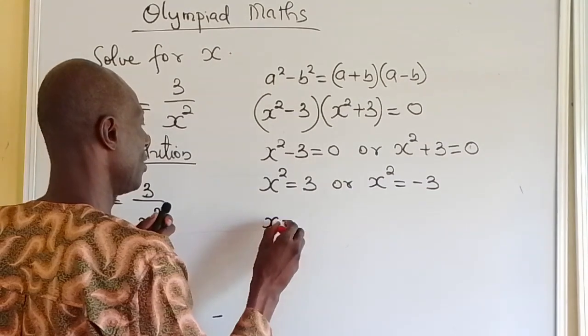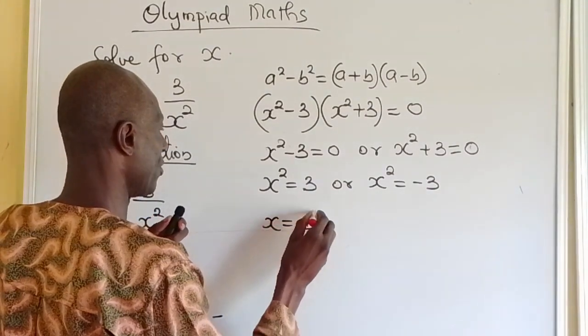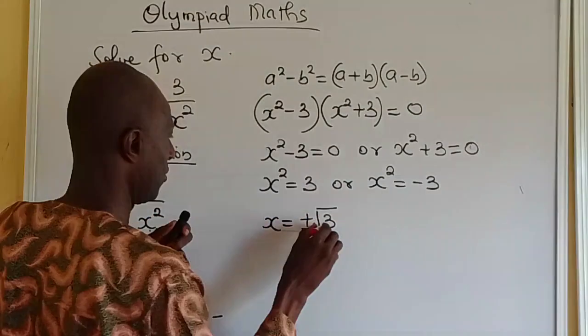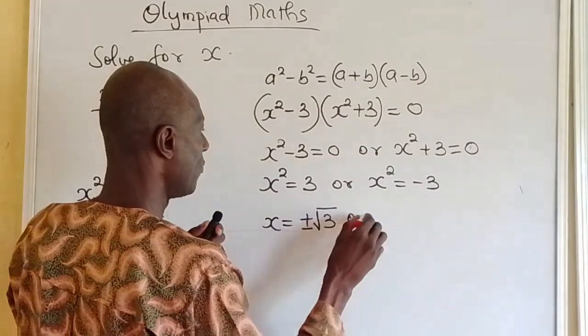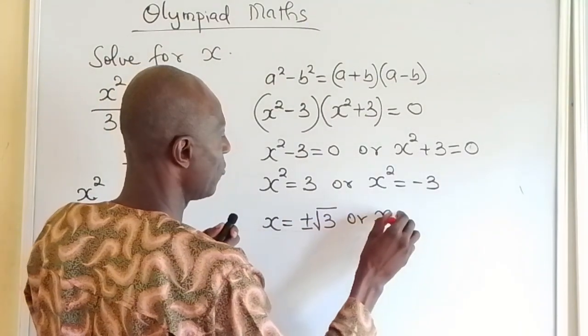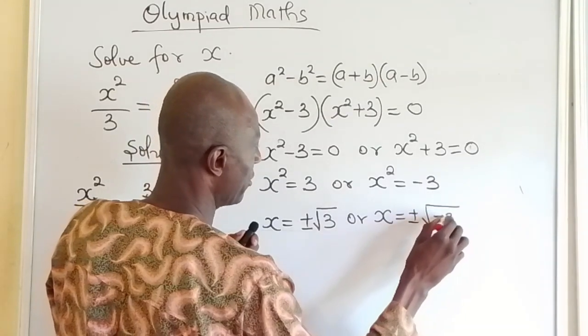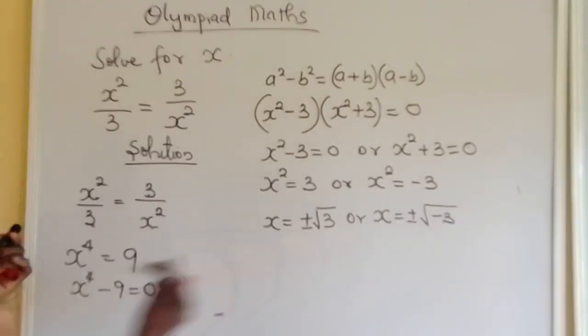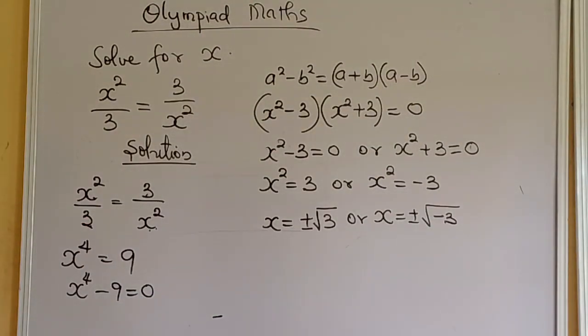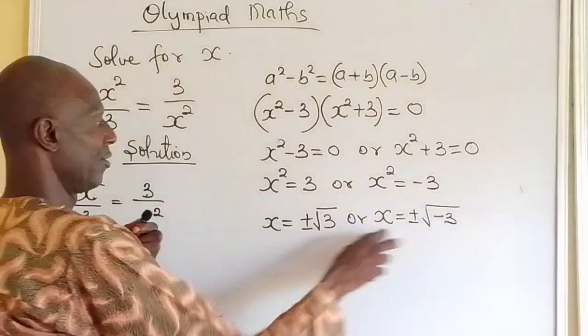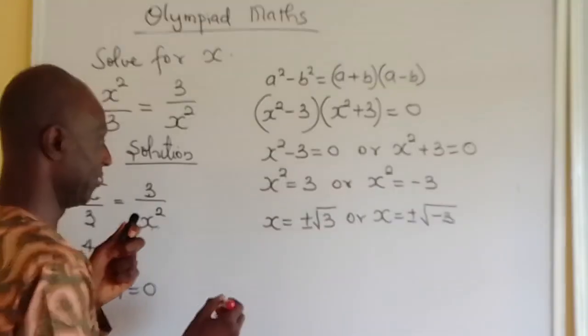So x will be plus or minus the square root of 3, or x will be plus or minus the square root of minus 3. This other side is a negative value, so I want to work on it so that we get a positive value.